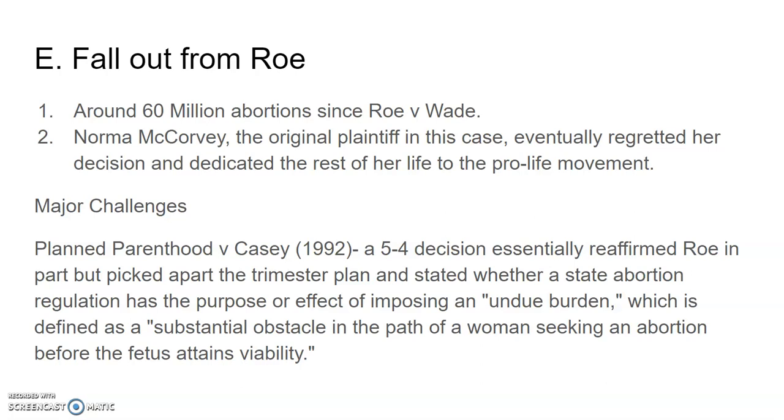So the new legal framework you have to consider when determining if an abortion procedure is constitutional is: does the regulation put an undue burden on an individual? And an undue burden is a substantial obstacle in the path of a woman seeking an abortion before the fetus obtains viability.